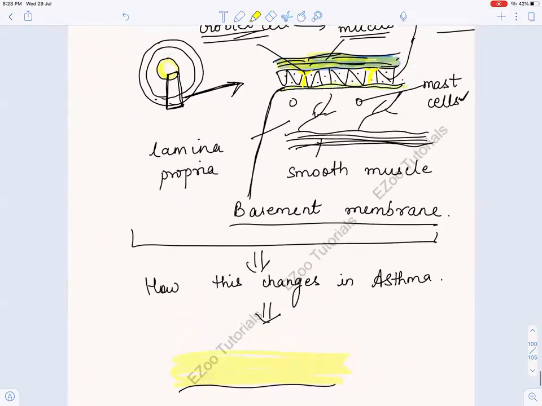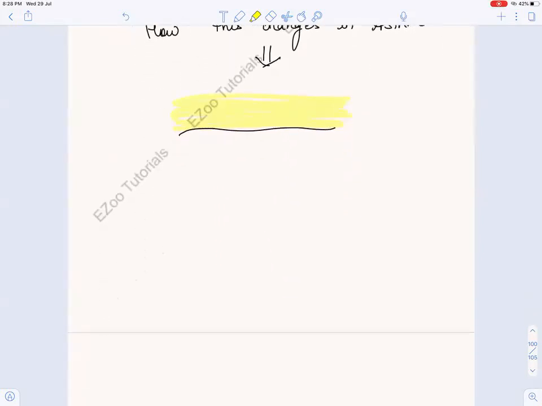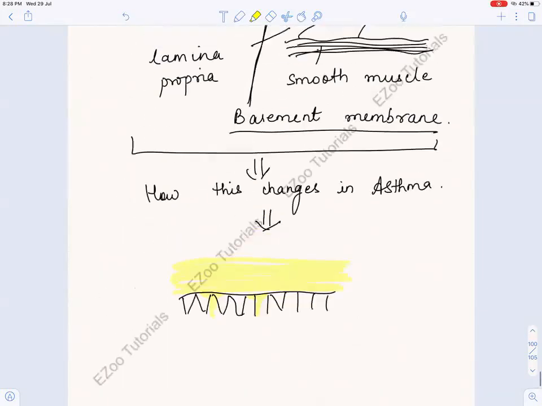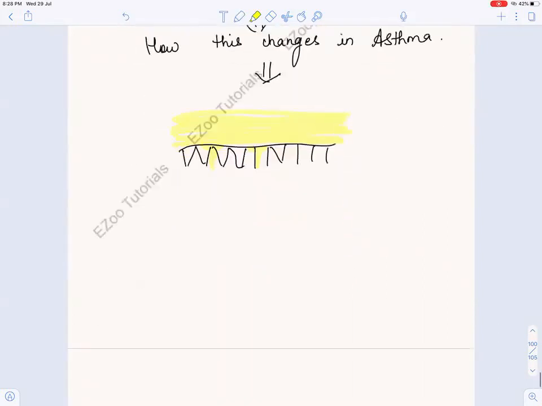If mucus is increasing, remember there were pseudostratified columnar cells, and in between there were goblet cells that were secreting mucus. Now see how many goblet cells are there.